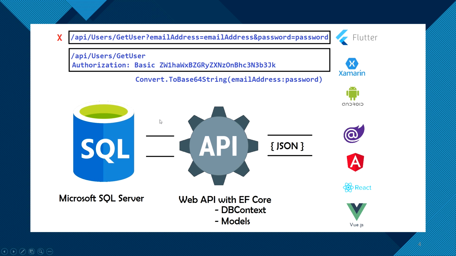That's important, right? So for web API, what you need to do, you need to create a handler which will handle all these sensitive requests. So if the client asks for data, when the client sends the authorization header and the encrypted email address and password, web API should know how to handle those requests before sending sensitive information, right?